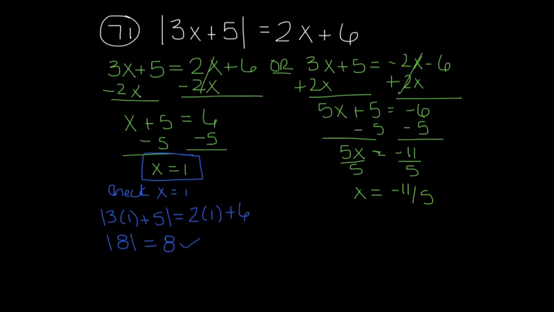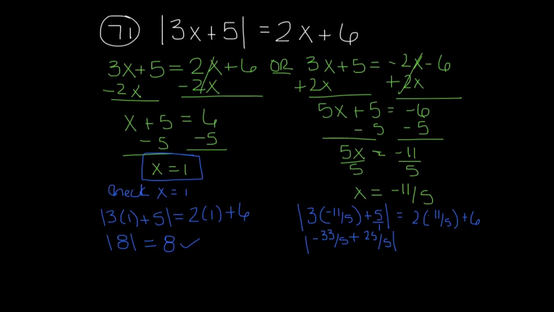If I test negative 11/5, I get the absolute value of 3 times negative 11/5 plus 5 equals 2 times negative 11/5 plus 6. If I simplify, this gives me the absolute value of negative 33/5 plus, I'm going to go ahead and just write this with a common denominator of 5. 5 is the same as 5 over 1, so 5 over 1 is the same as 25 over 5.